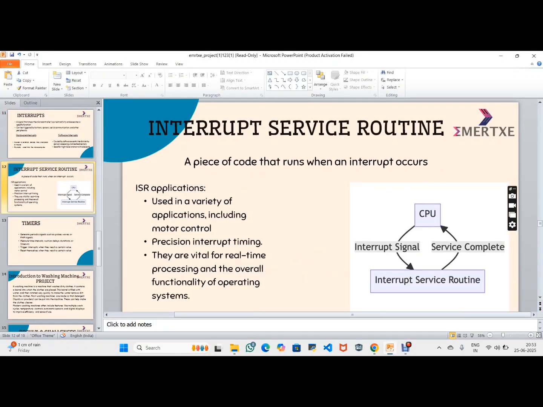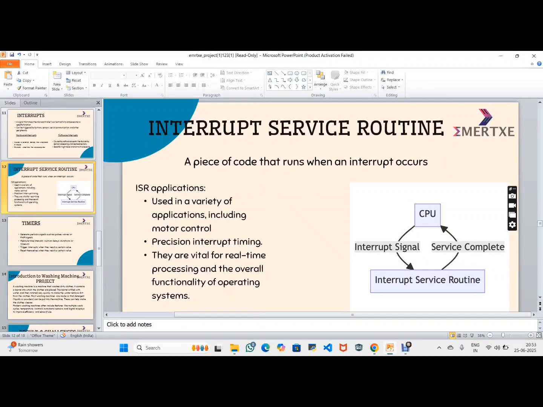And the interrupt service routine (ISR) is a piece of code that runs when an interrupt occurs. First, the CPU sends an interrupt signal to the ISR. Then certain code runs for a variety of applications by the microcontroller.